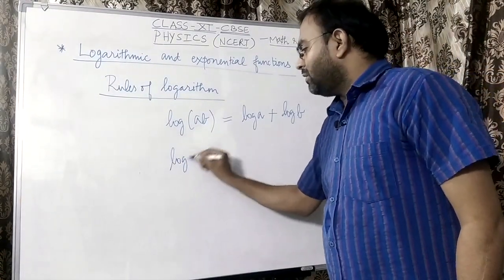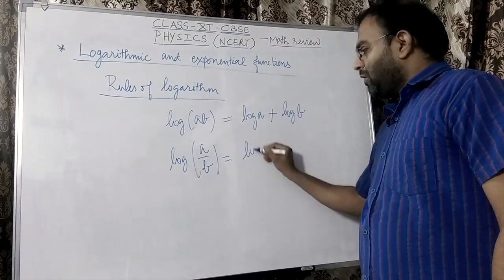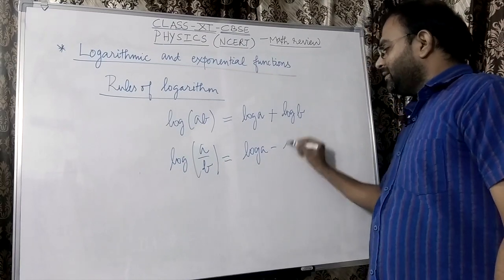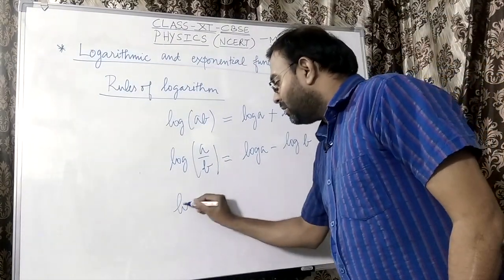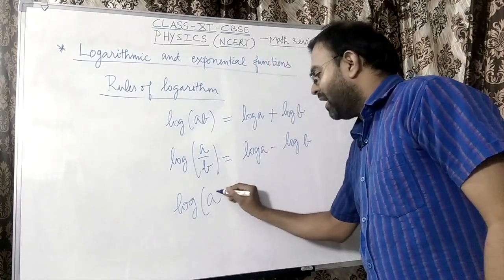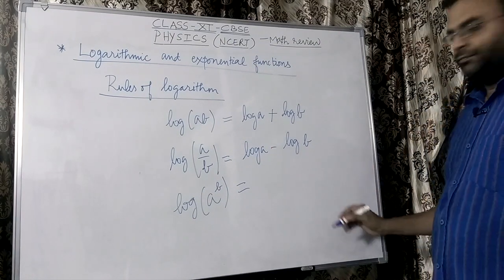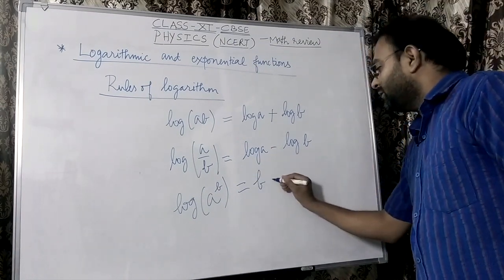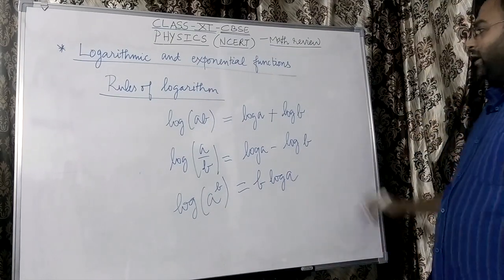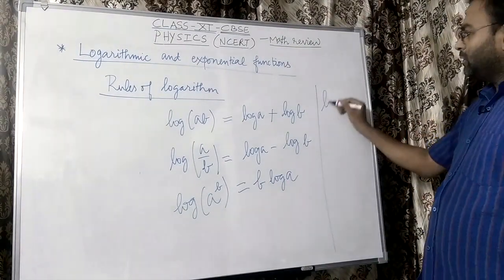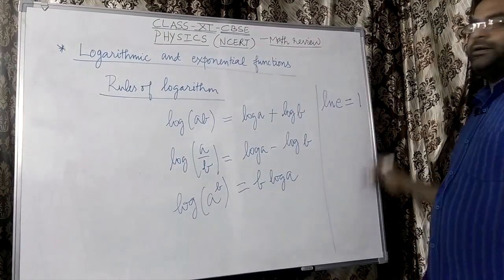Similarly, logarithm of a fraction a over b is equal to log of a minus log of b, and logarithm of an exponential number a raised to the power b is equal to b times logarithm of a, and also log to the base e of e is equal to 1.